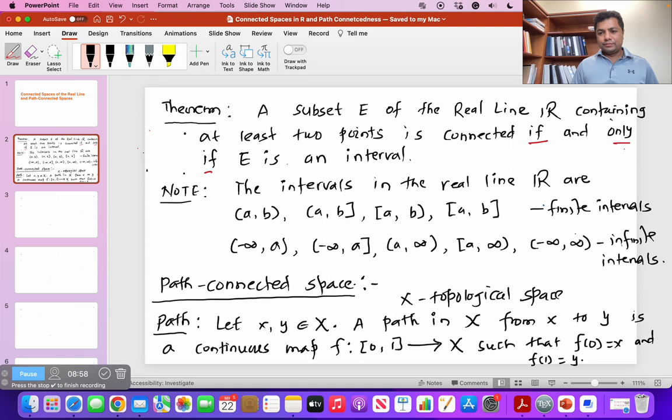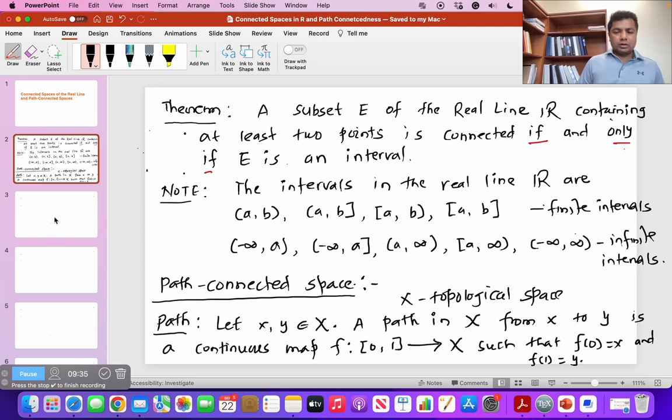If there is a continuous function f from the interval [0,1] to X which satisfies these two conditions, f of 0 is x and f of 1 is y, that means the image of 0 under f is x and the image of 1 under f is y, then this continuous map is called a path in X from the element x to the element y.